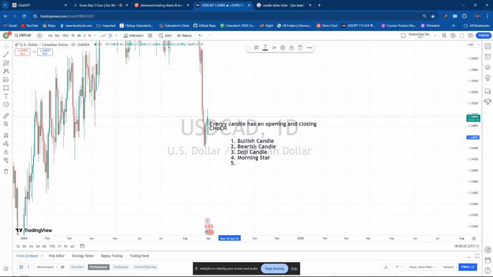You hear me use it. Five, you need to know an engulfing candle when you see one. Six, you need to know the hammer candle. So these are the six core candles you need to note.